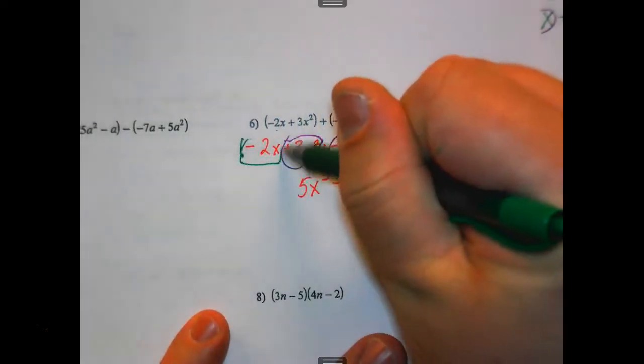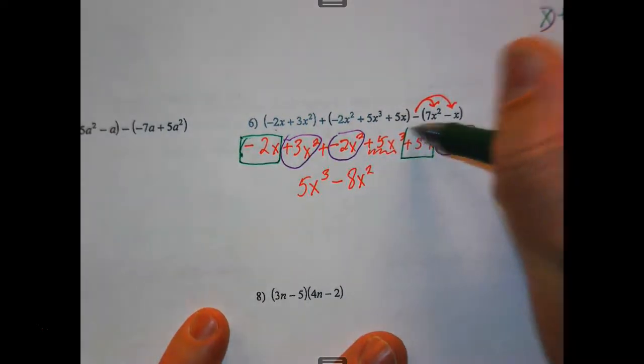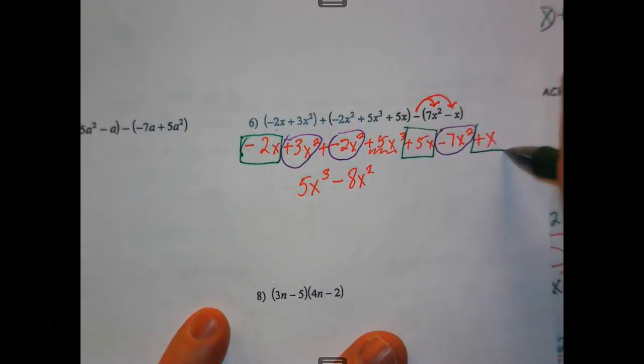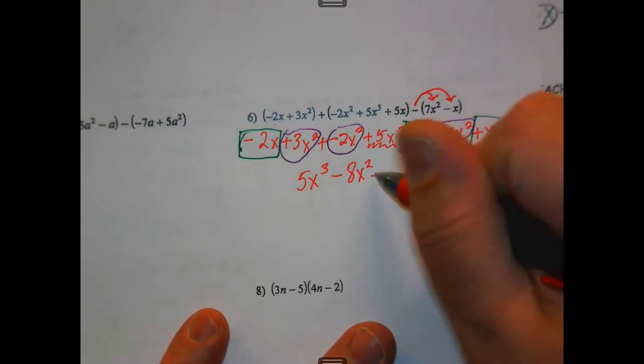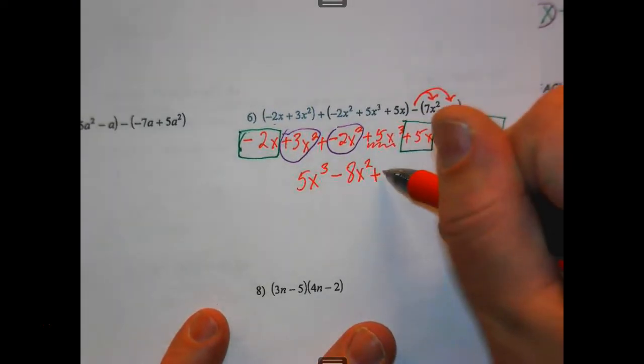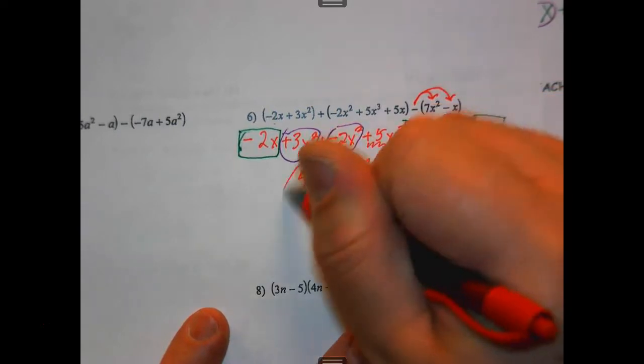Here's my negative 2x. I got a positive 5x and a plus 1x. That is 4x. And did I get everyone? And that's my answer.